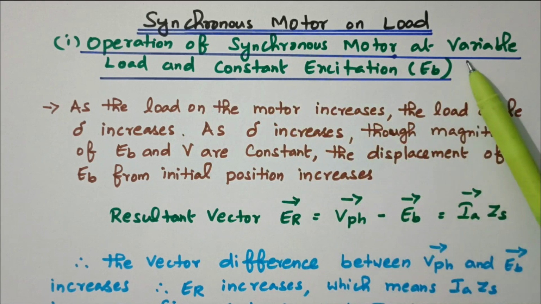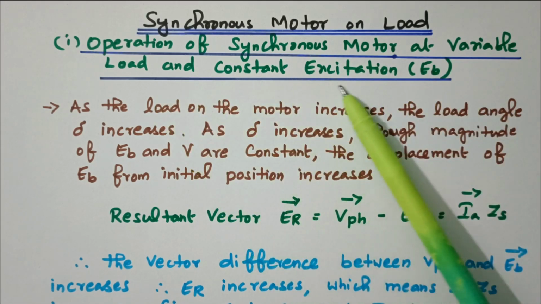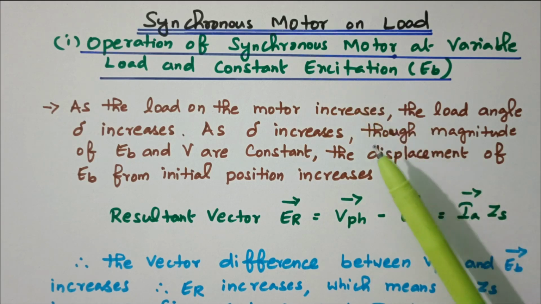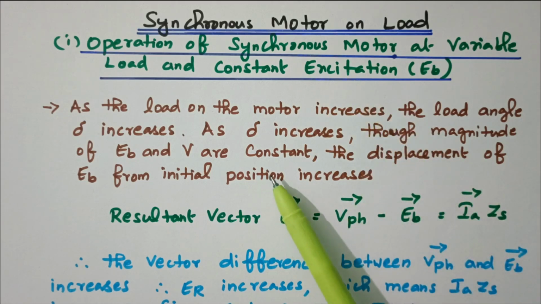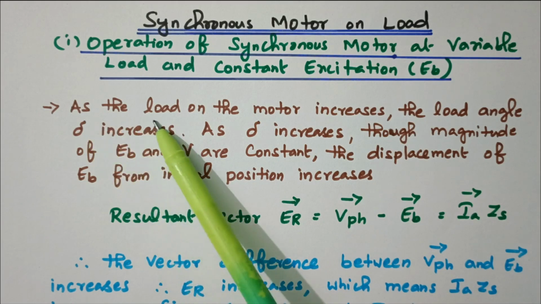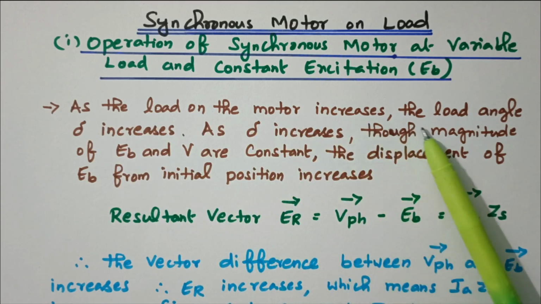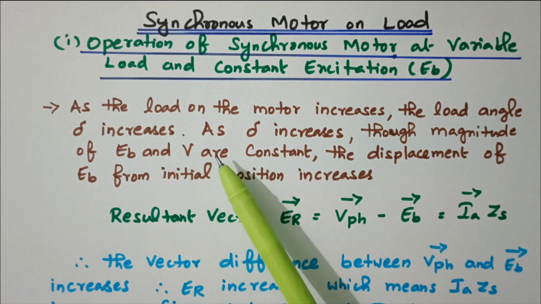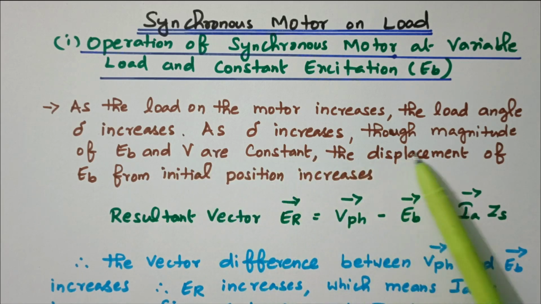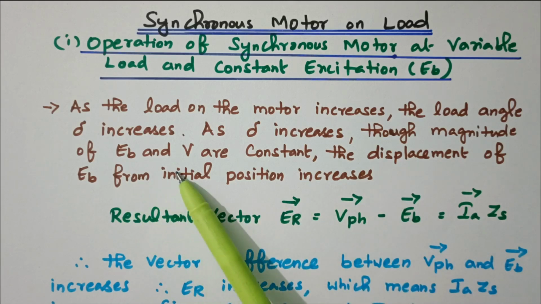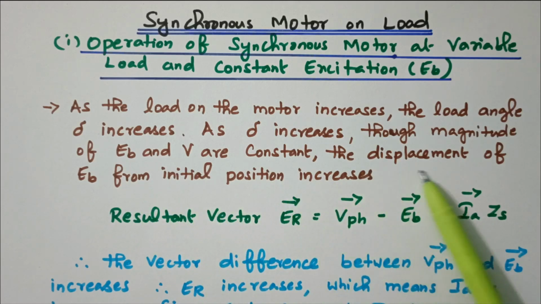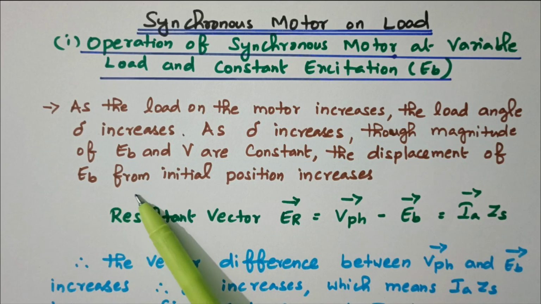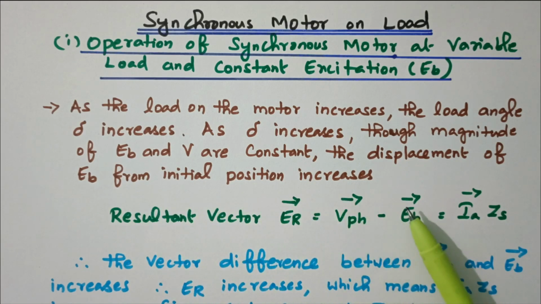Operation of synchronous motor at variable load and constant excitation. From the previous video we understand that as the load on the motor increases, the load angle delta also increases. That detail is available in the previous video. As delta increases, though the magnitudes of Eb and V are constant, the displacement of Eb from the initial position increases.